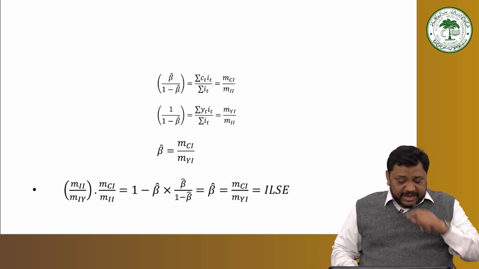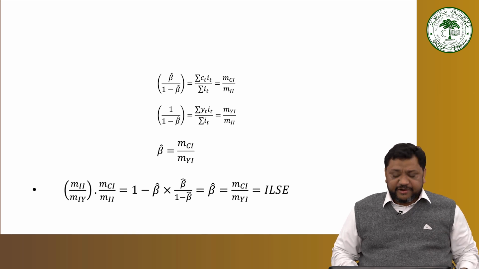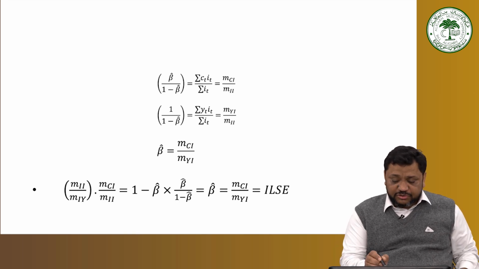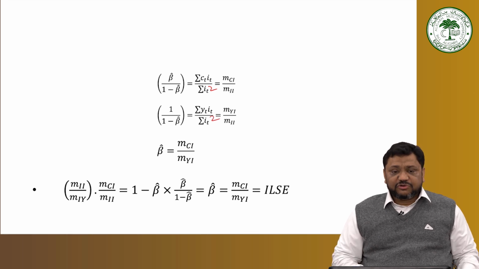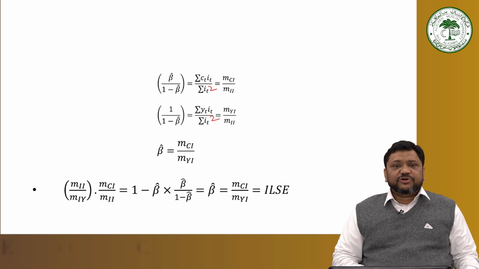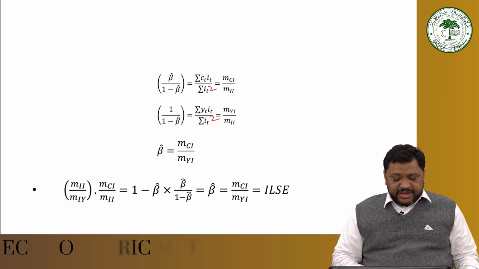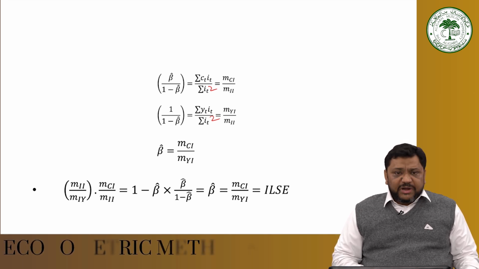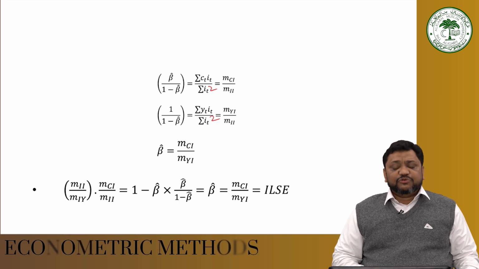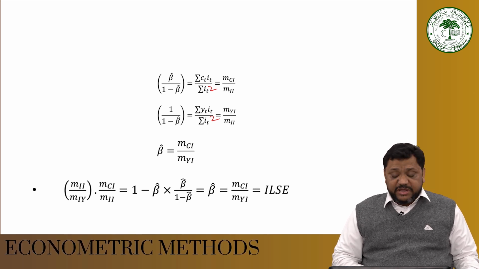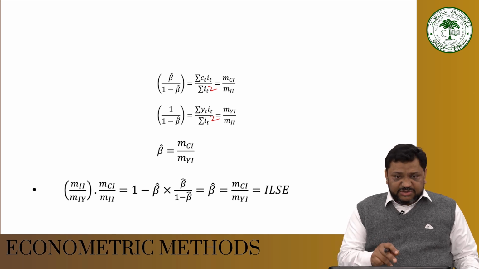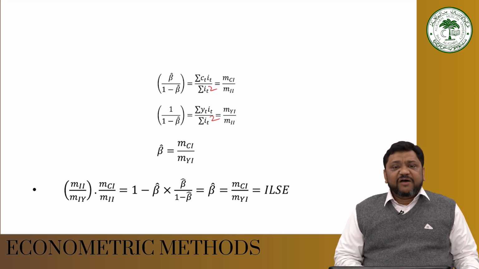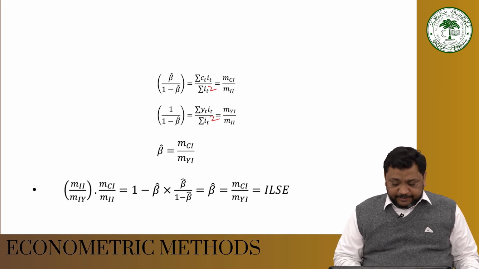Now see, beta hat divided by 1 minus beta hat, we have seen just now, is equal to, again all the square signs are missing, summation ci divided by summation i square, is equal to Mci divided by Mii, and 1 upon 1 minus beta is equal to summation yi divided by summation i square, the square term is missing in the PPT, is equal to Myi divided by Mii.